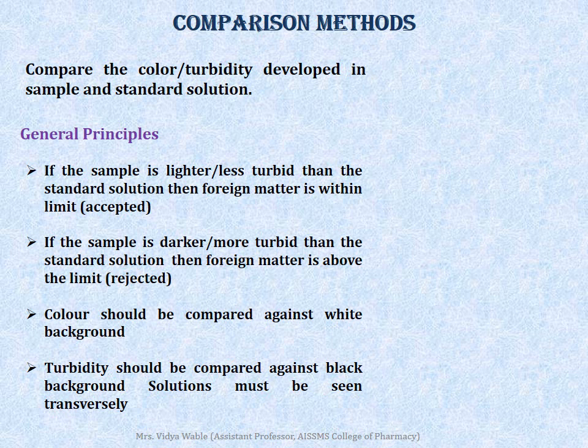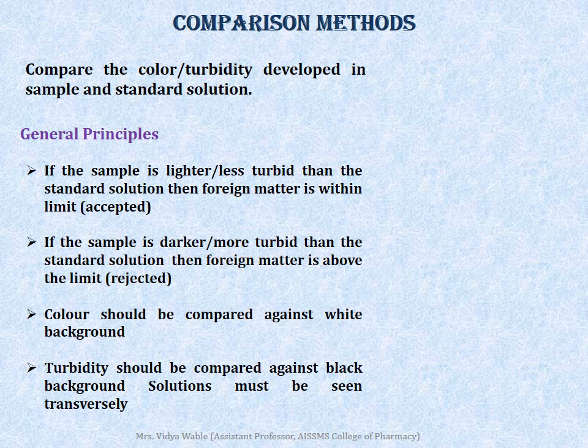So it indicates the quantity of impurity in the sample is less than the standard solution. If the sample is darker or more turbid than the standard solution, it indicates the foreign material or impurity is more in the sample solution than the standard. So it is rejected, or it does not follow the limit.